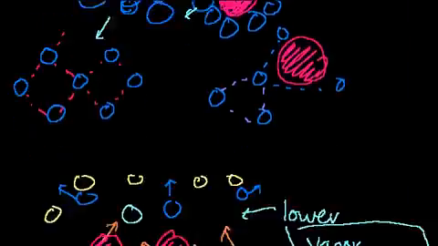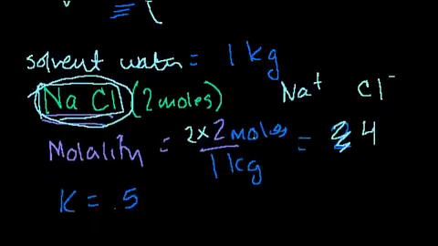So in my example, when I start with a mole of this, once I dissolve it in water, I end up with, sorry, 4 moles per kilogram of molality, because this turns into 2 particles.